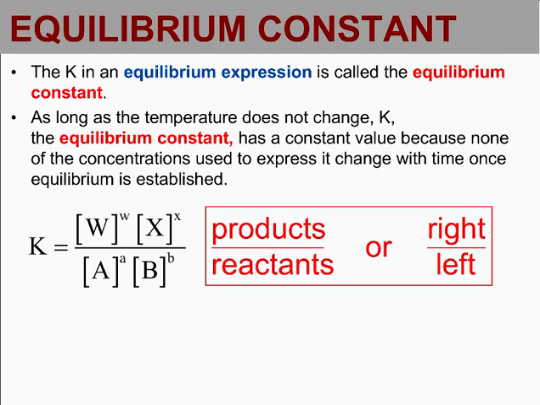So these are actually constants you can look up in a textbook because they don't change unless you change the temperature. Remember, last time we saw that temperature can increase a reaction rate, and that could cause a change in the equilibrium ratio between products and reactants.